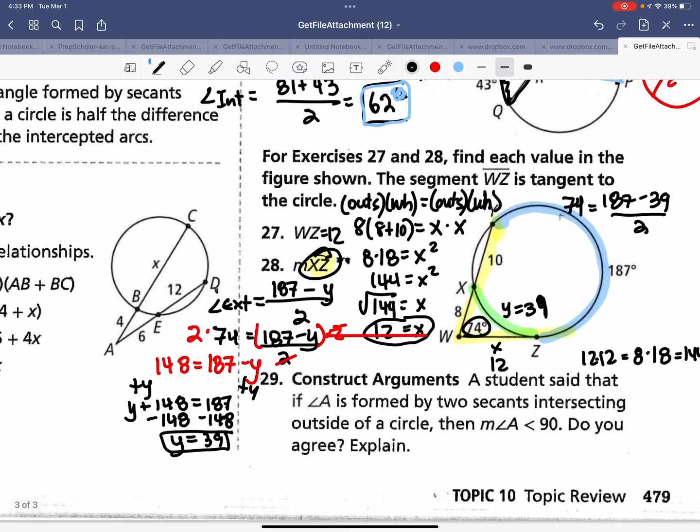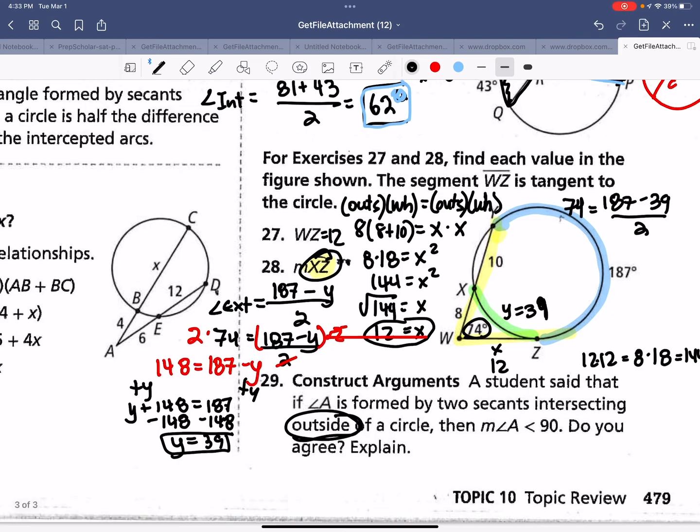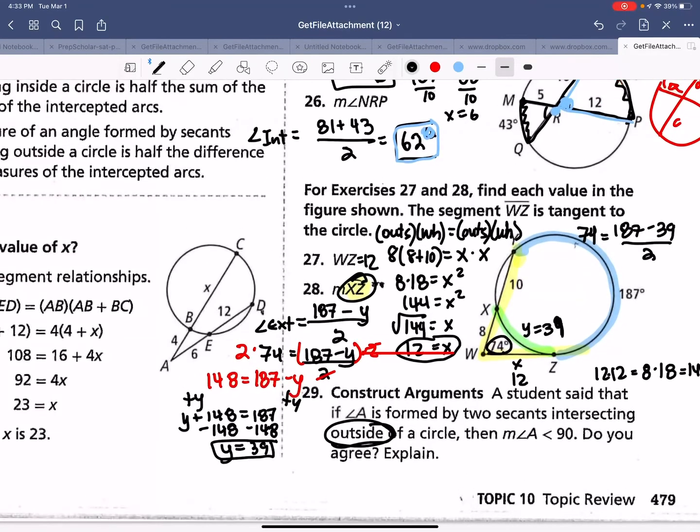Okay, last question. Construct an argument. A student said that if angle A is formed by two secants intersecting outside, so that's this formula here, we're going to subtract, then angle A has to be less than 90. Do we agree? Okay, so let's try to draw this. If I try to draw an angle out here that's 90, I can't. Oh, that's interesting. I can't get through there.